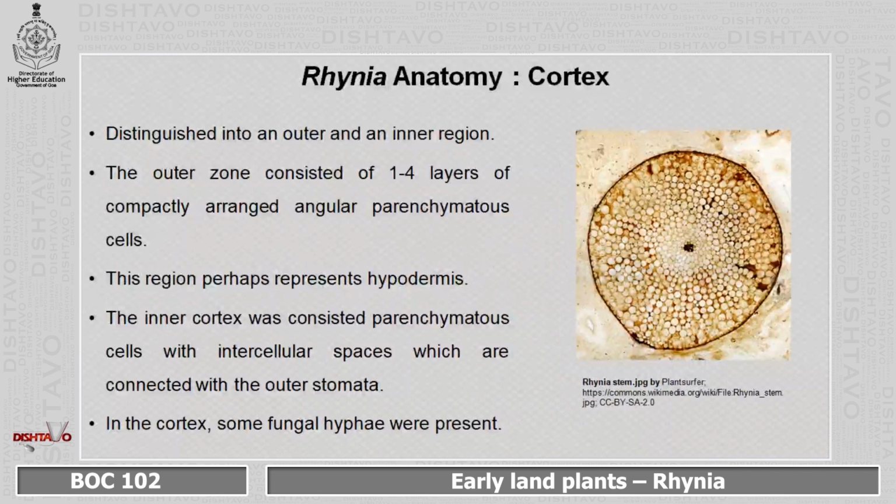The cortical region was divided into 2 regions, the outer cortex and the inner cortex. The outer cortex, made up of 1 to 4 layers of parenchymatous cells, could probably have been the hypodermis. The inner cortex consists of parenchymatous cells with intercellular spaces. Also, the cortex had the presence of some fungal hyphae.